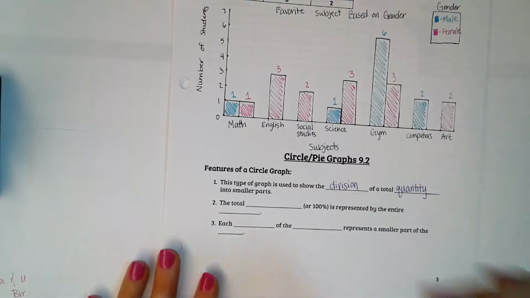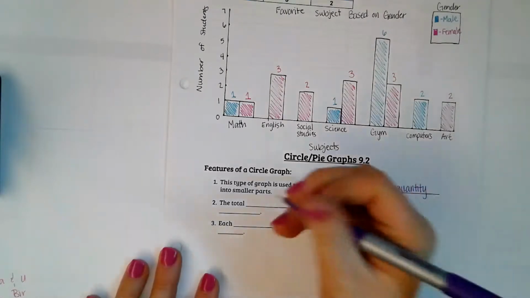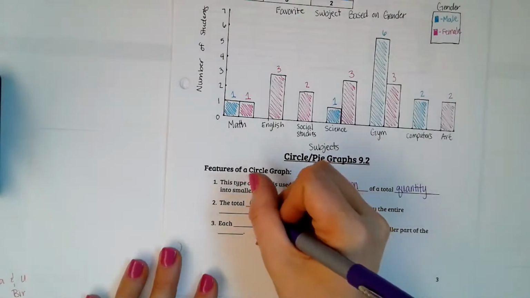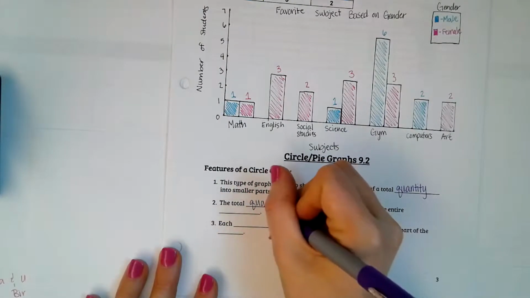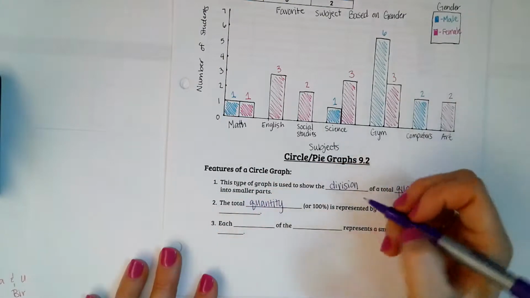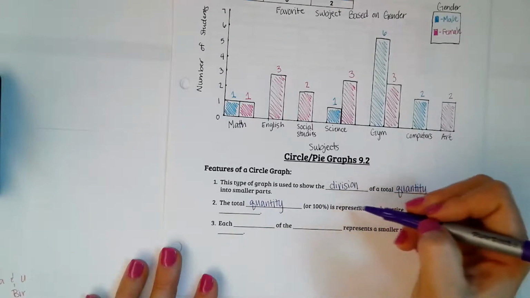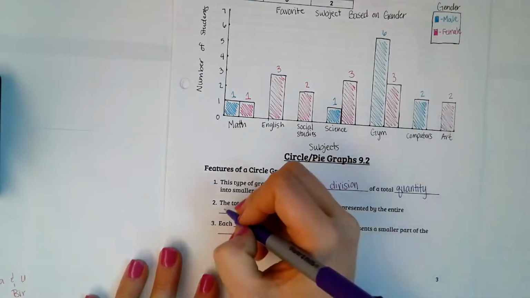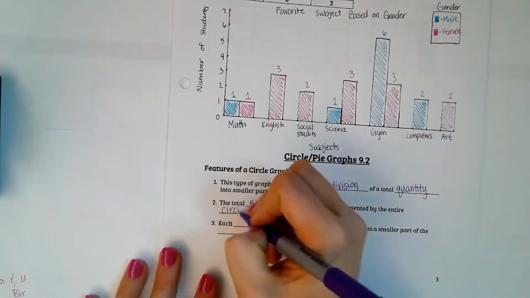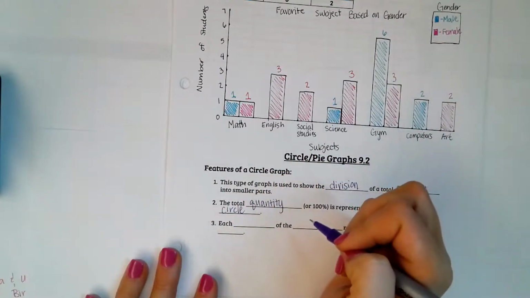That is what the wedges of a circle graph are. The total quantity, or the 100%, is represented by the entire circle. So your circle should always be a full 100%.